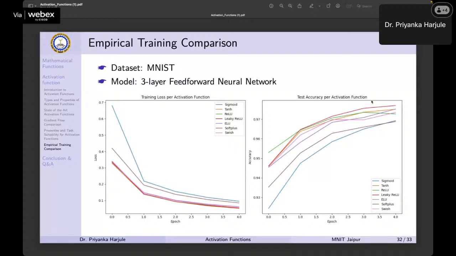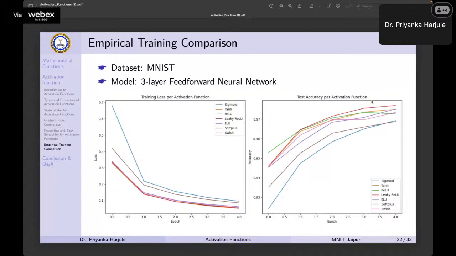So based on this, what we can conclude is that this experiment was trained on only a 3-layer feed-forward neural network on the MNIST data set, which is a handwritten digit data set having 10 classes with 70,000 images.